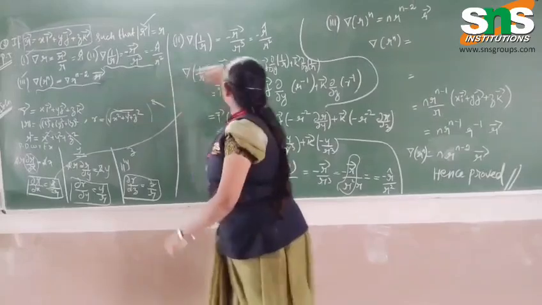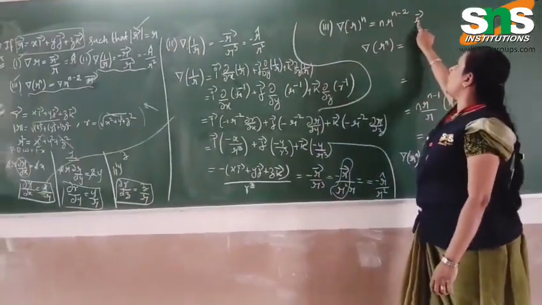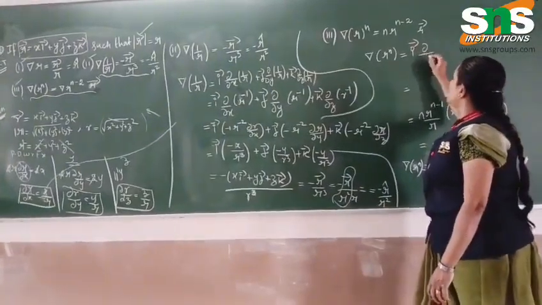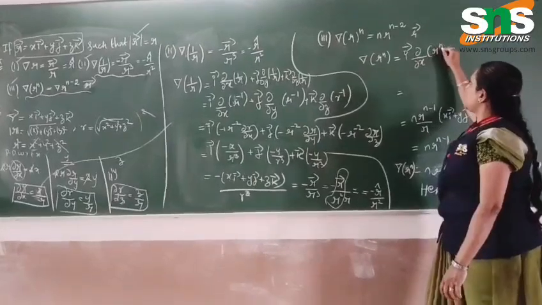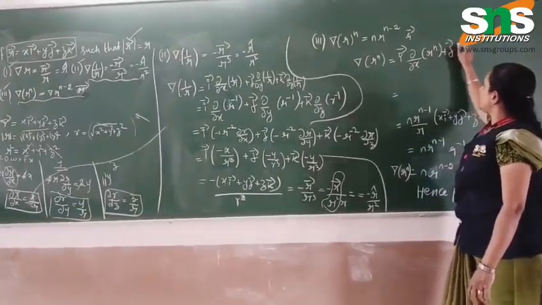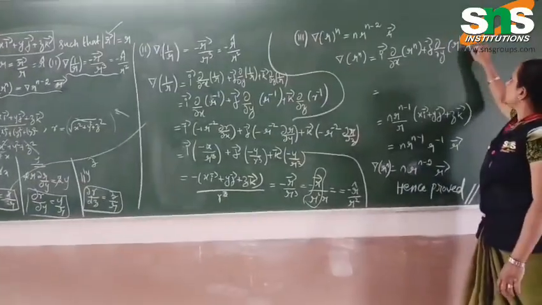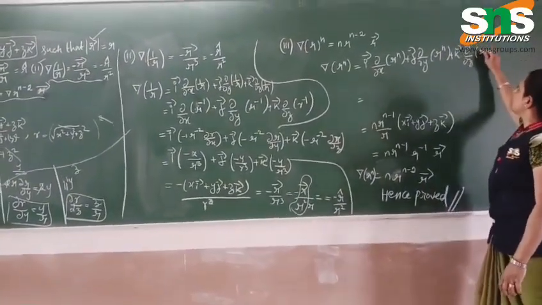Then we have to solve del r power n equals n r power n minus 2 r vector. Here we use the formula del, that is i vector dou by dou x of r power n, then j vector of dou by dou y of r power n, then k vector of dou by dou z of r power n.